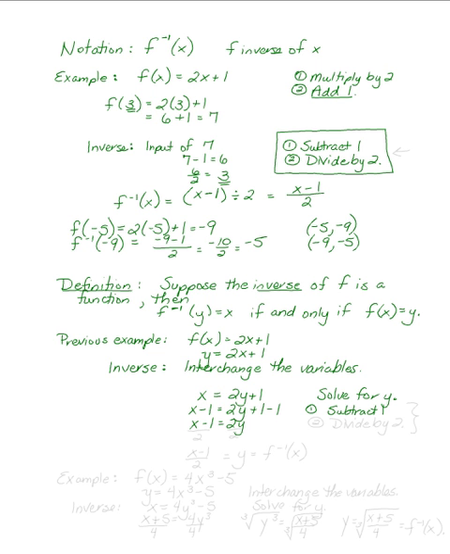And the next thing we have to do in order to solve for y is divide both sides by 2. We will get y is equal to x minus 1 divided by 2. And that is our inverse function.